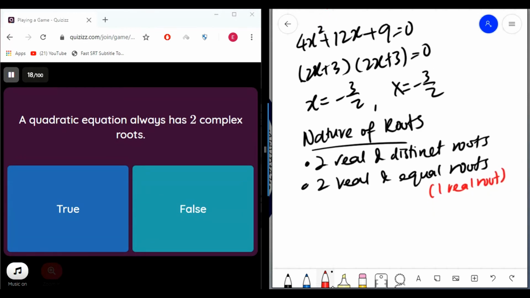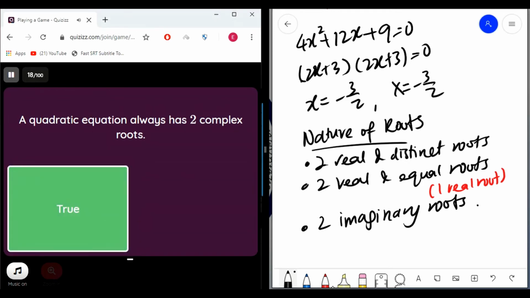And we can have two imaginary roots. By the way, imaginary roots cannot be equal, yeah? They are always in conjugate pairs. You can refer to my quadratic series if you want the full detail. It's a very long story there. I am not going to explain here. Alright, the statement is true.